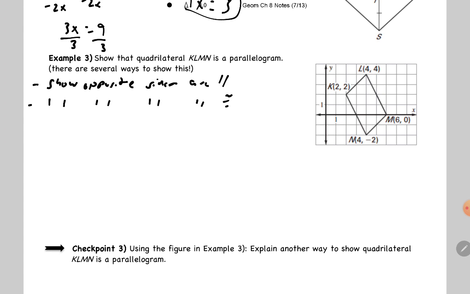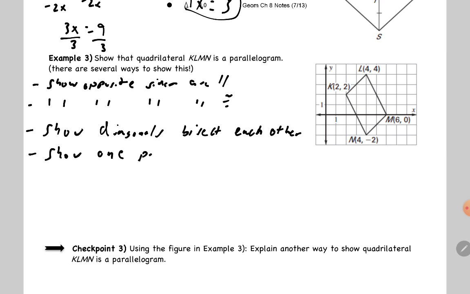We can show diagonals bisect each other. And then lastly, we can show one pair of opposite sides are parallel and congruent.